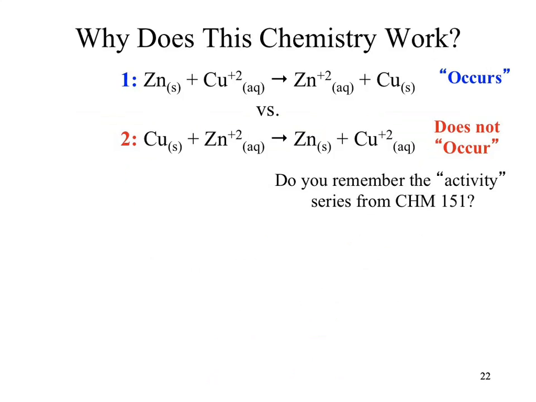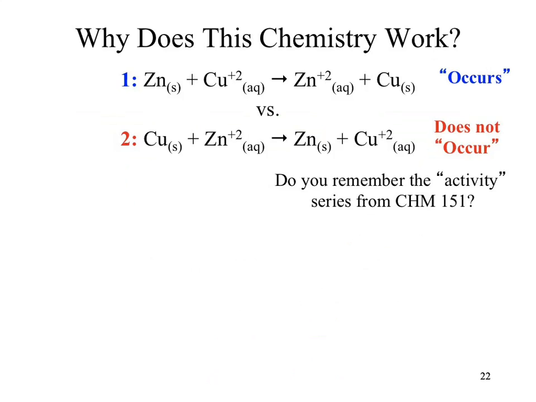If we try the reverse, we take copper metal and we drop it into a zinc solution, nothing happens. Why does one work and not the other? It's not electronegativity rules. What we're going to start to look at is cell potentials. You can probably tie it back to electronegativity if you want to get more advanced with it, but we're not going to do that.